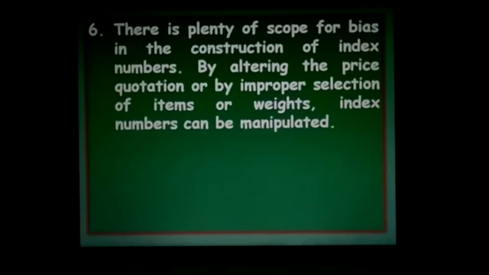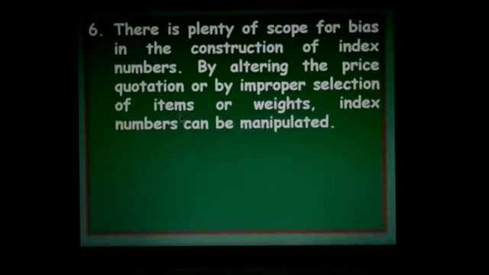While constructing an index number, there is plenty of scope for bias in construction. It may be a personal bias of the statistician who is constructing the index number. Sometimes the price quotation is altered however he or she needs, or there is improper selection of items or weights.